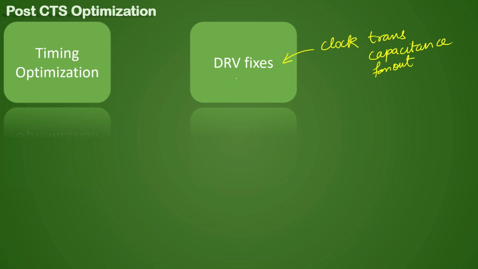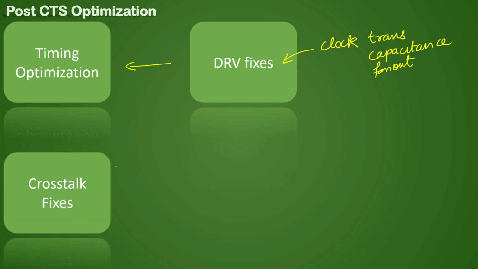In fact, what actually happens is DRV fixes generally give some timing violations again in turn, and those need fixes again. So after DRV fixes are done, the tool will again try to fix the timing that has come because of DRV fixes. Not only this, the tool will also try to do the crosstalk related fixes. We have discussed that crosstalk fixes will be your shielding, and then next would be NDR.